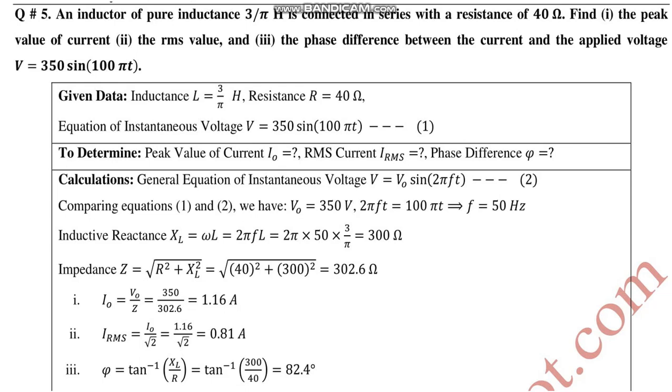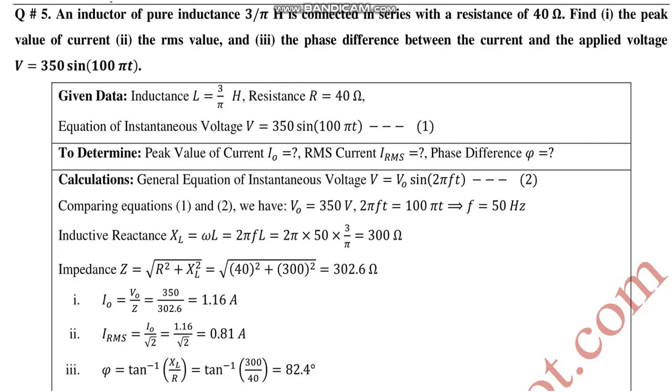Given data: inductance L is equal to 3 by pi H, resistance R is equal to 40 ohm, and equation of instantaneous voltage V is equal to 350 sine 100 pi t. This is equation number 1.